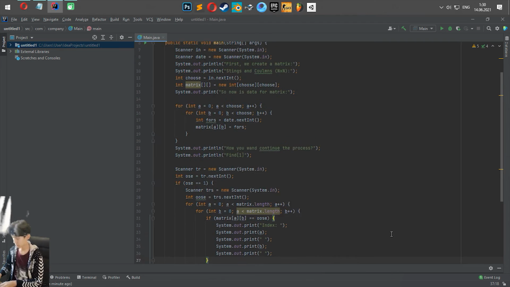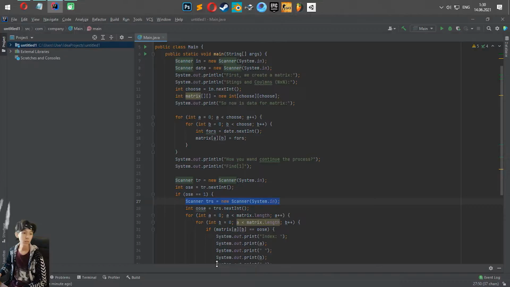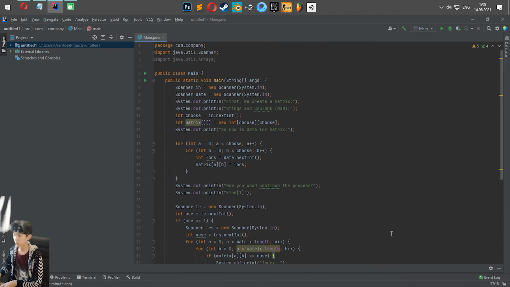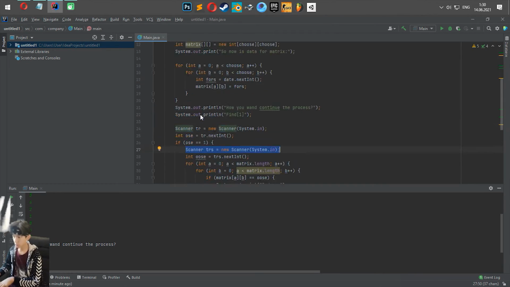In the second, I use the original sort method to show all elements in one line along with one element. The reason I did this was because I don't understand how to search quickly.